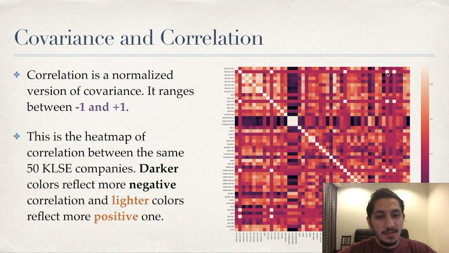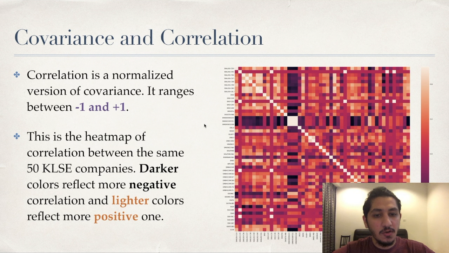So these companies have high positive correlation, and the companies in black have high negative correlation. So we see that there are many companies with high positive correlation and many companies with high negative correlation.